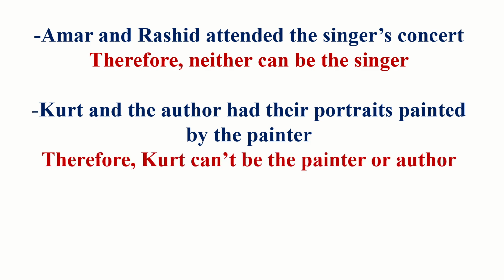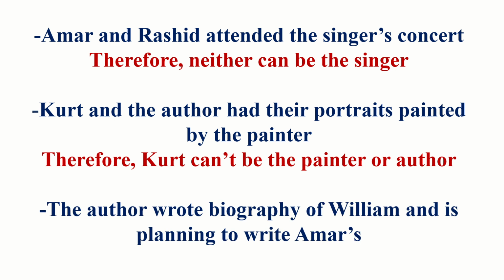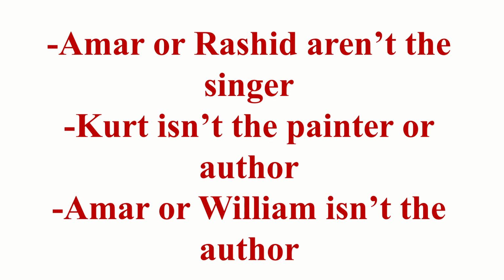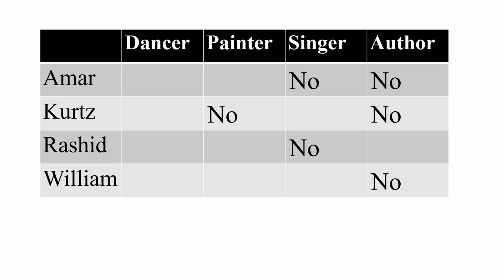So the logical conclusion is that Kurt cannot be the painter or the author. Third premise, the author wrote a biography of William and is planning to write Amar's. The logical conclusion is that neither Amar nor William is the author. So to summarize, so far we have made these inferences that neither Amar nor Rashid is the singer, Kurt is neither the painter nor the author, and neither Amar nor William is the author. So we put this information into our matrix, as you can see.